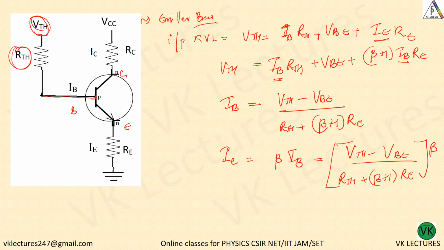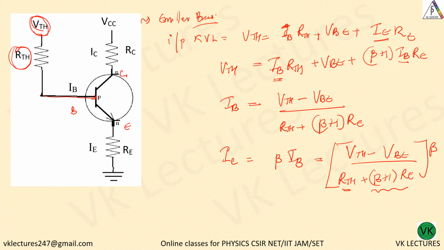Now simplification can be done. This beta plus 1 RE is very much greater than this RTH because this is Thevenin's equivalent resistance. Thevenin's equivalent resistance will be smaller than the resistance R1 and R2. So beta plus 1, beta is value of around 80-100.